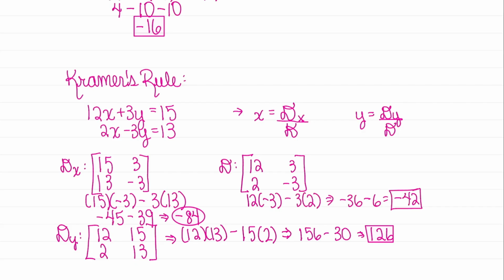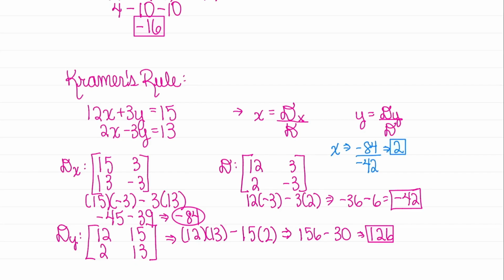Okay, so now what we're going to do is we're going to divide the x value by the determinant of our regular matrix, and then we're going to do the same thing for the y, and we'll get our solutions. So for the x value, we have -84 divided by -42. So that answer is going to just be 2.